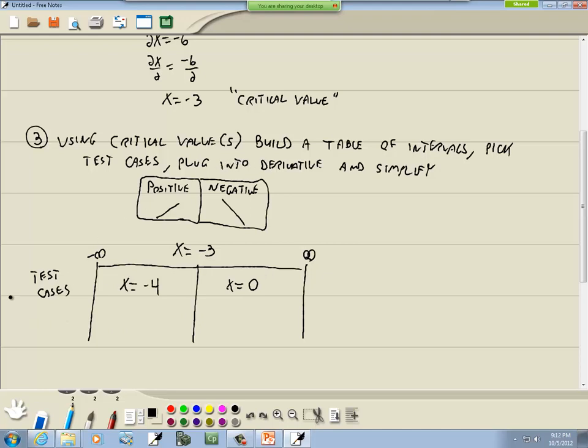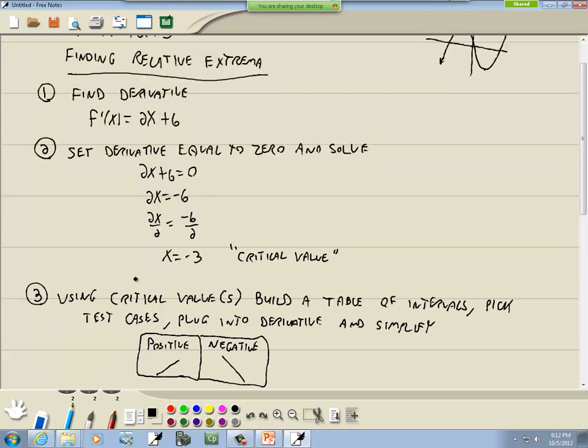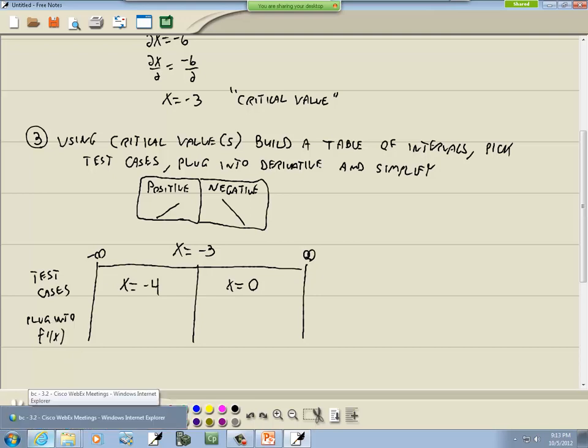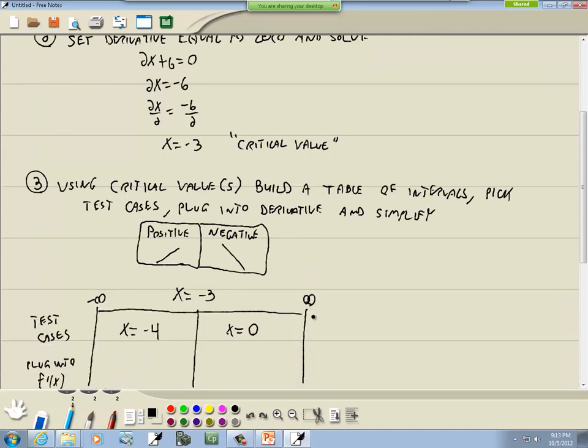Now we want to plug that into our derivative. So we're going to plug that into, what do we got here? F prime. And what is f prime? F prime is 2x plus 6.